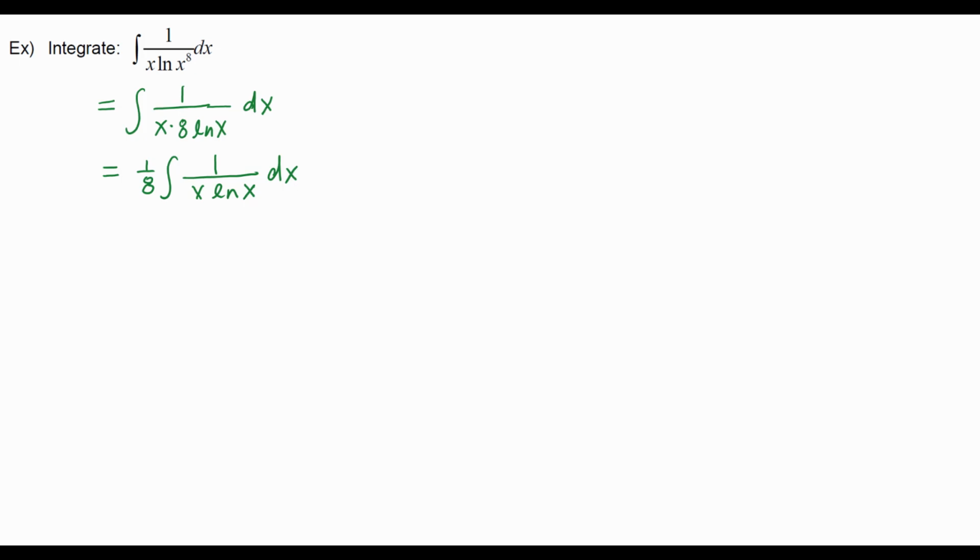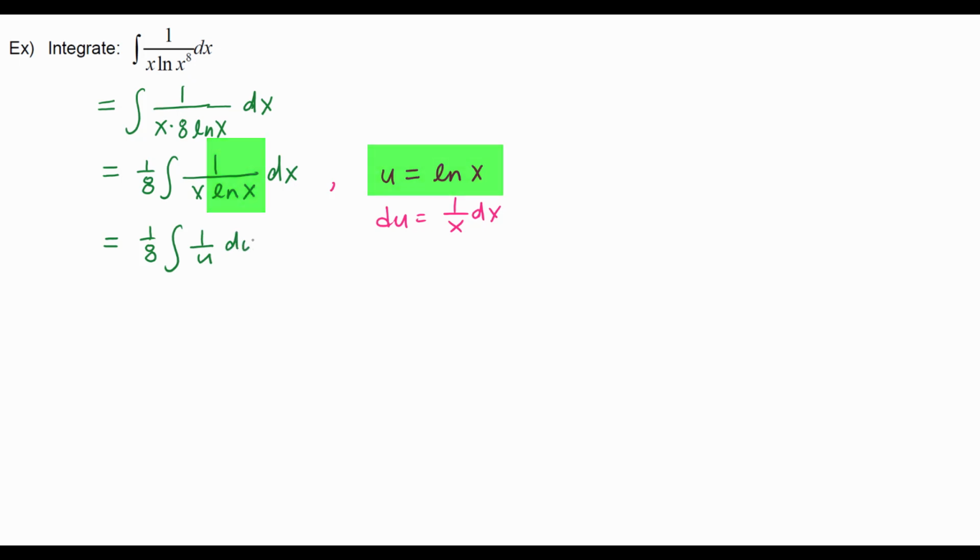This is a piece of cake now, right? So what is my u? My u is ln x. So then du is 1 over x dx, which I have right there. So then this becomes 1 over 8 times the integral of 1 over u du.